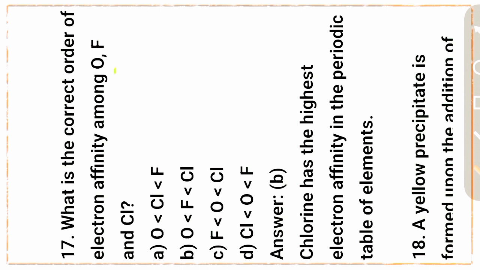What is the correct order of electron affinity among oxygen, fluorine and chlorine? That is option B: oxygen less than fluorine less than chlorine. Chlorine has the highest electron affinity in the periodic table of elements.